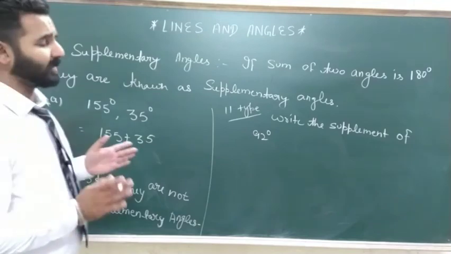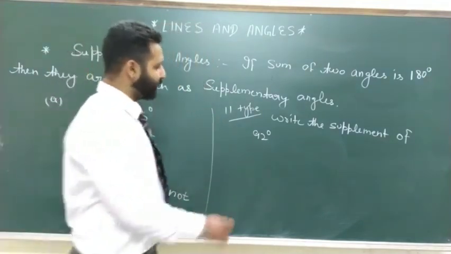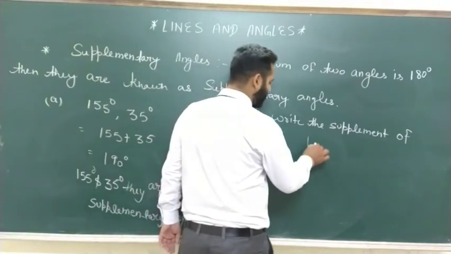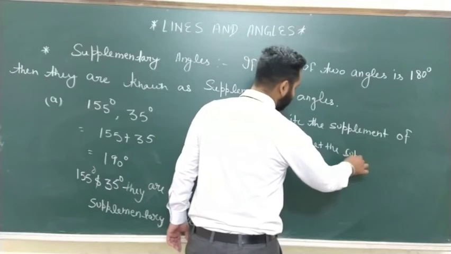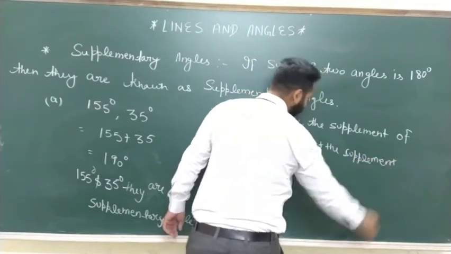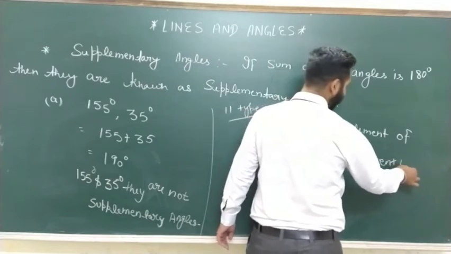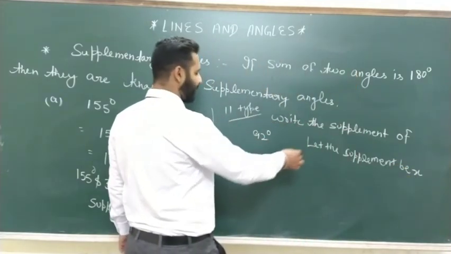So see, in supplementary angles we need two angles. One is given to you, and let the second angle, or you can say let the supplement, be x. Now the first angle is 92, the second is x.